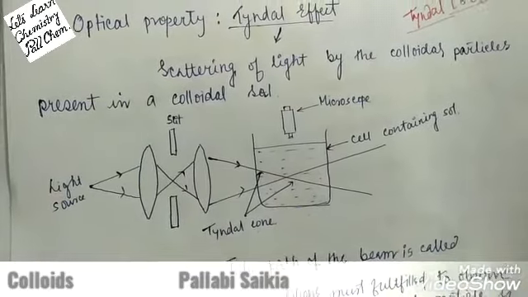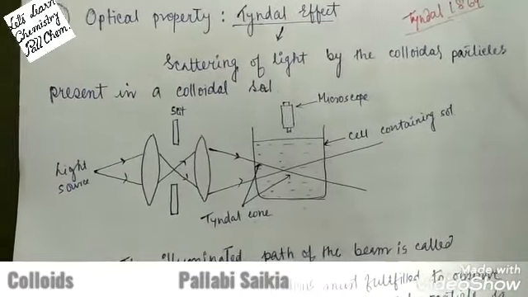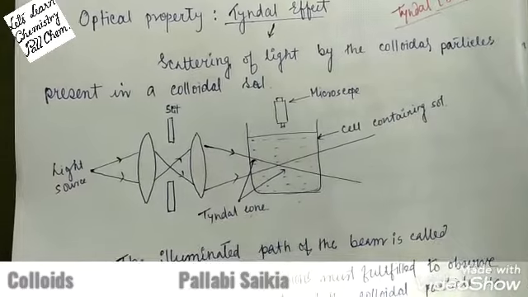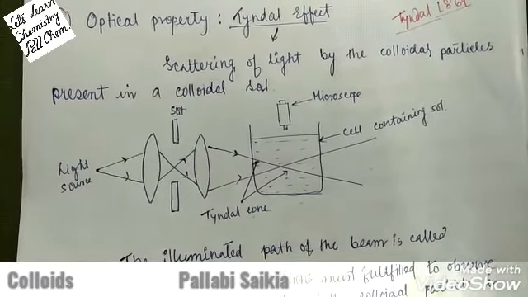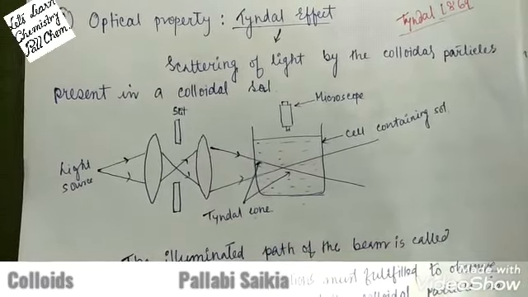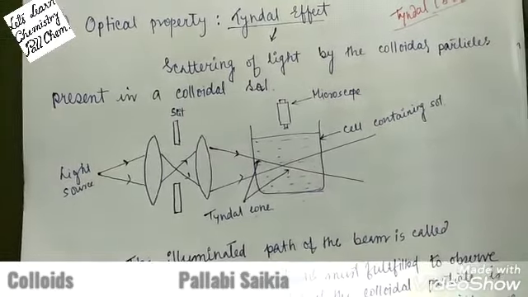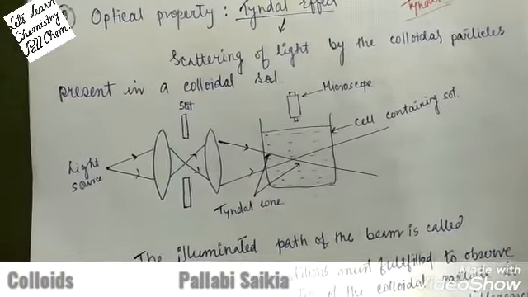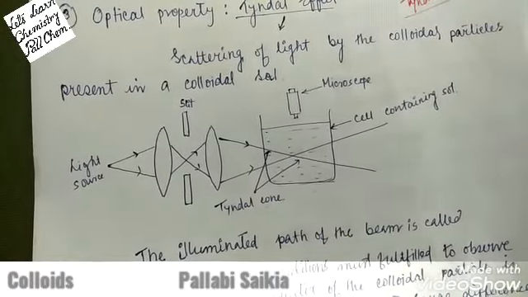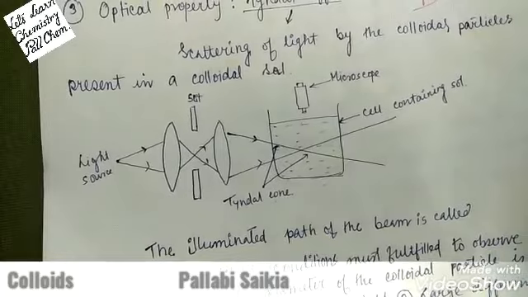This is similar to when there is a wall with a hole in it, and we allow sunlight to pass through the hole, and we will see the path of the light.